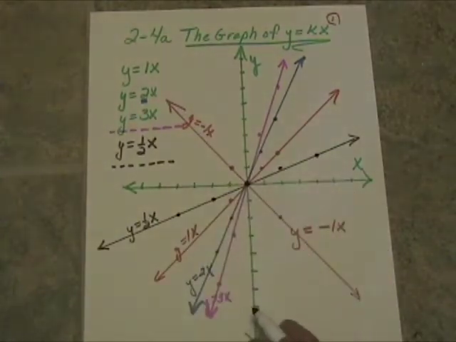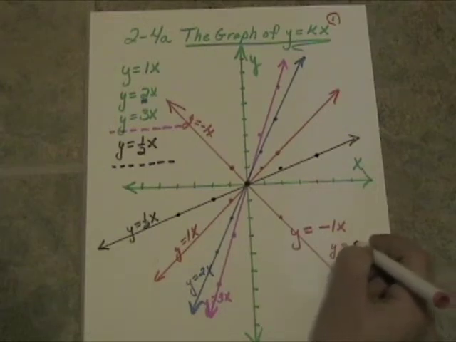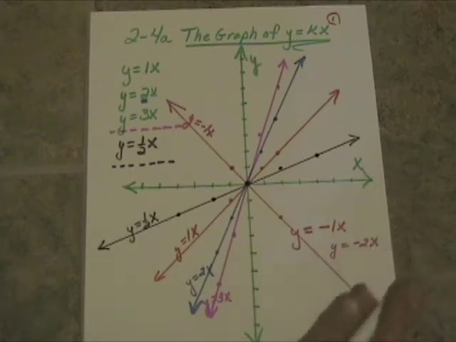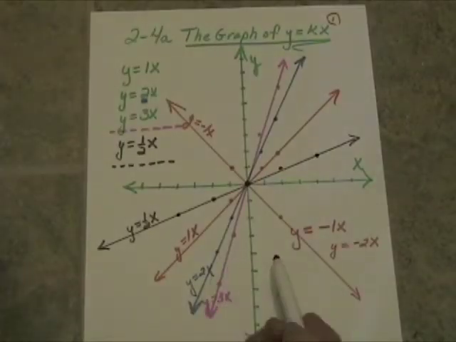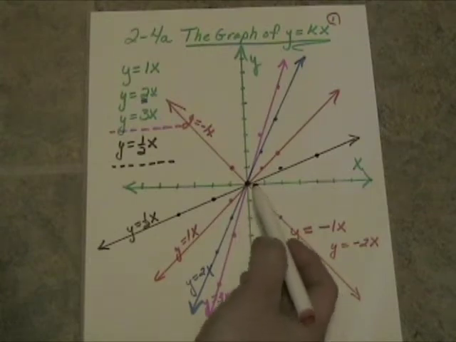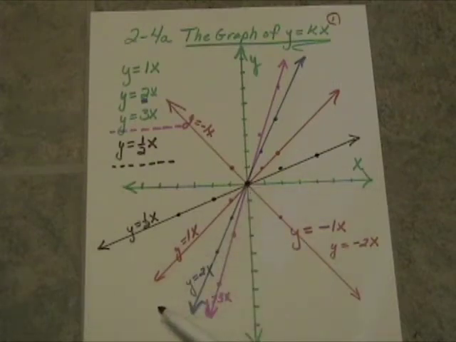I wonder if it will go more steeply downhill if we try y equals negative 2x. My guess is it probably will be more steep. Let's just check to make sure. If I put in a 0 for x, I'm going to get negative 2 times 0, which is 0, so that will still pass through the origin.